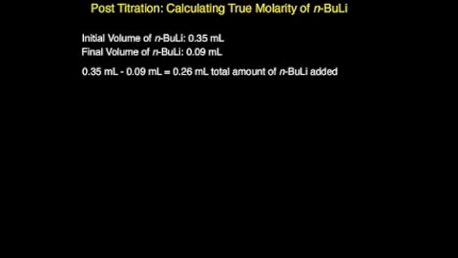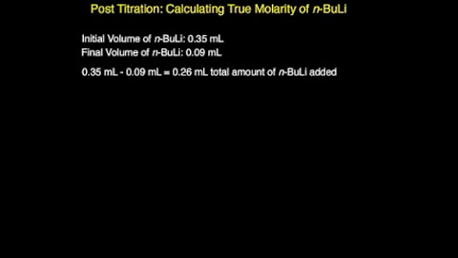Finally, we need to calculate the exact concentration of the n-butyllithium that we titrated so we can use it accurately in our reactions. Using the start and end volumes that we read off of our syringe, we can take the difference and find the total amount of n-butyllithium added during the titration.